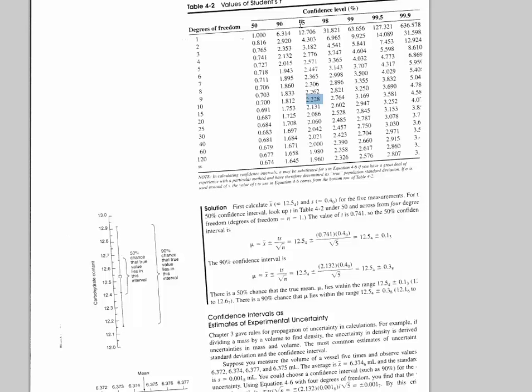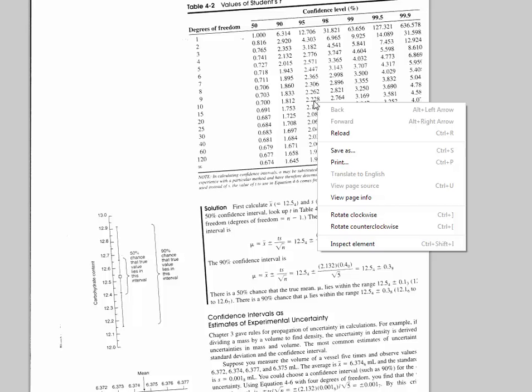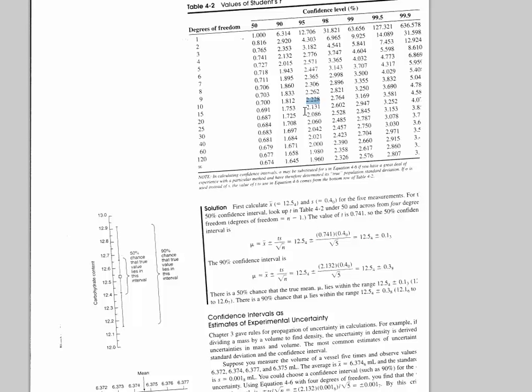It didn't tell us, but by default it's 95% confidence limit. Remember, this is degrees of freedom. We had 11 measurements, so degrees of freedom would be 10. It's 11 minus 1, right? So here's my 10 degrees of freedom. We go over, and 2.228. That is the value that I'm comparing to, 2.228.